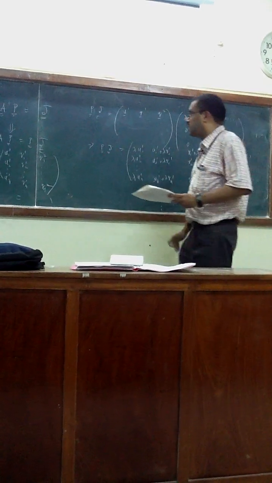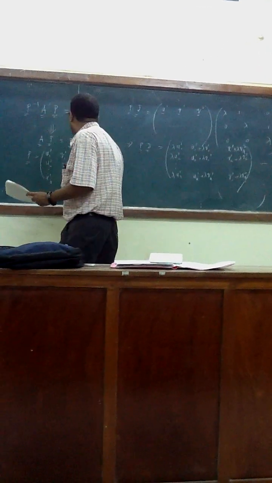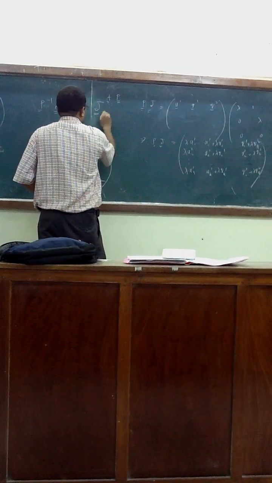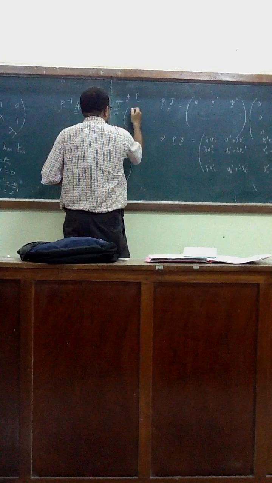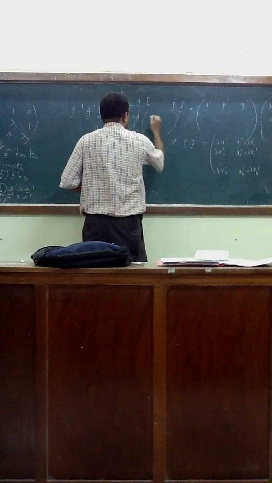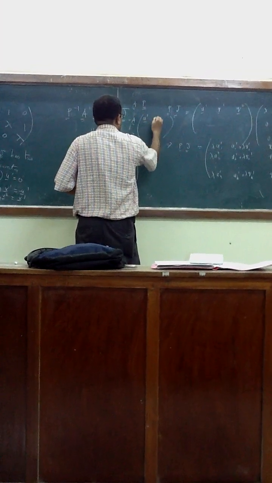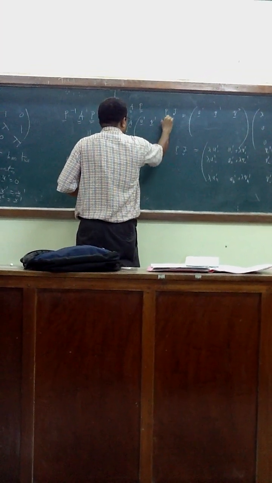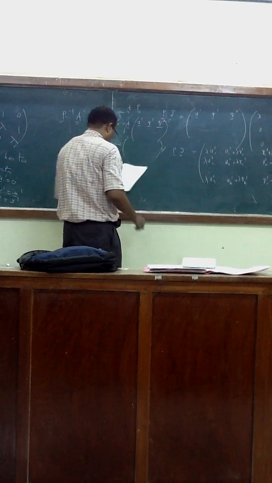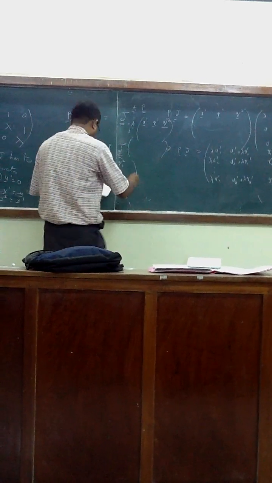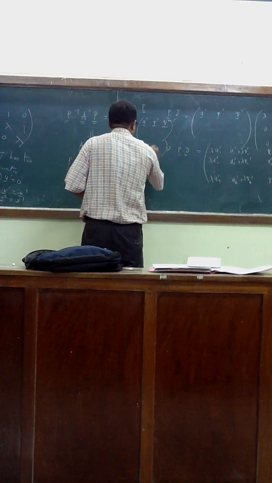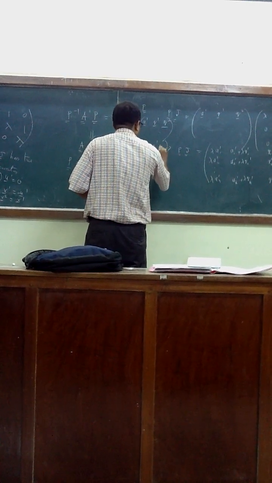The relationship from AP I forgot to do, but we can do it here quickly. A matrix, and the P matrix is u1, q1 and q2 vectors. So AP is A u1, A q1 and A q2.